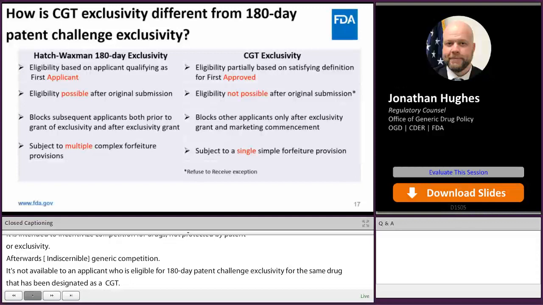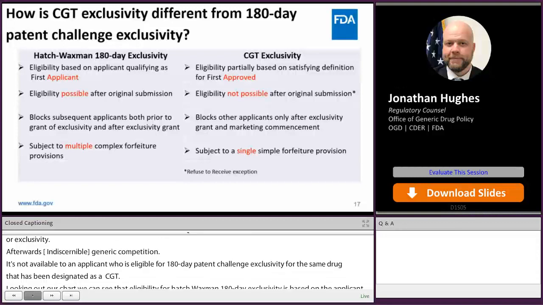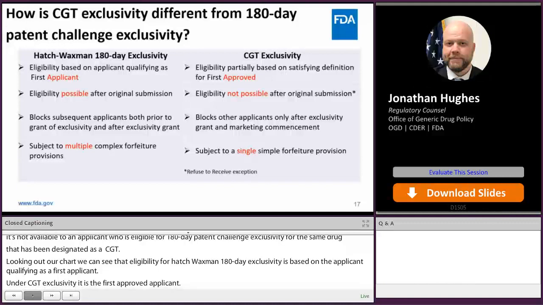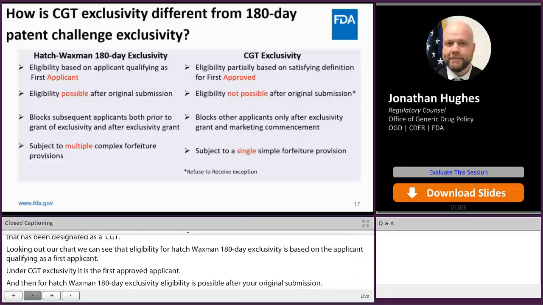And under CGT exclusivity, it's the first approved applicant. And then for Hatch-Waxman 180-day exclusivity, eligibility is possible after your original submission. CGT, we mentioned earlier, it's not possible to be eligible for the exclusivity after your original submission.